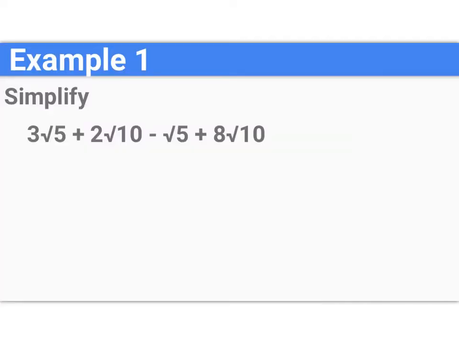Okay, so let's fix our root signs. Again, we have a root here, so our coefficient, the number in front of the variable or the root, is 1. What we're going to do is put the root 5s together and the root 10s together, and the sign in front goes with it.